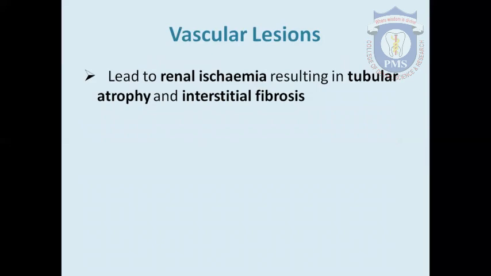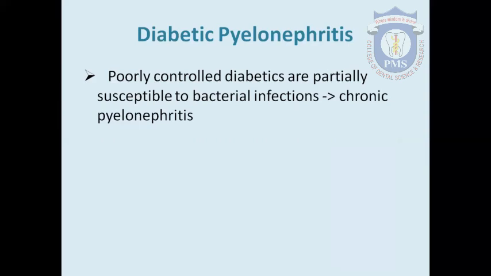Vascular lesions. Vascular lesions lead to renal ischemia, resulting in tubular atrophy and interstitial fibrosis. Diabetic pyelonephritis. Poorly controlled diabetics are particularly susceptible to bacterial infections.